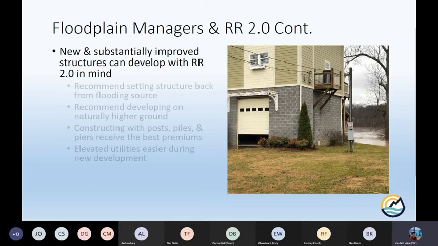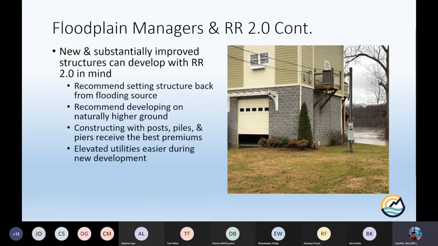So what we need to do as floodplain managers is recommend setting the building back farther from the flooding source. That's one of the factors now considered when we're talking about your flood insurance premium. So give the river room to flood and leave the floodplain as unaffected as we can. They're going to see a difference in their premiums based on where they locate that building.